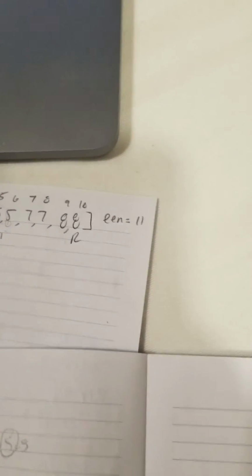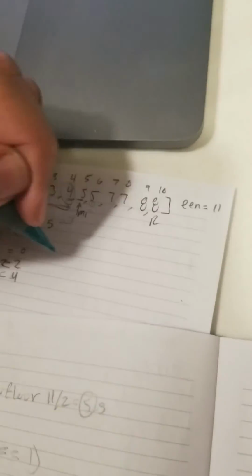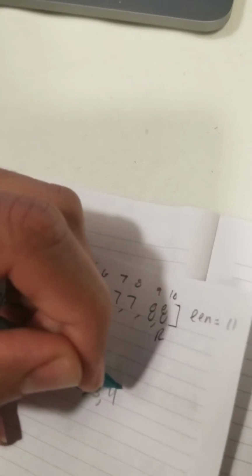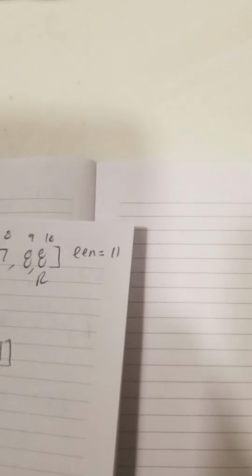And then at this point we have this part of the array, which is 1, 1, 3, 3, and 4.